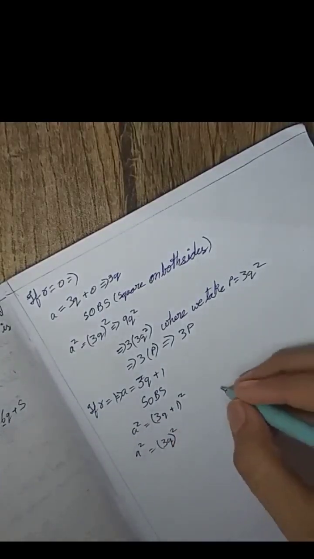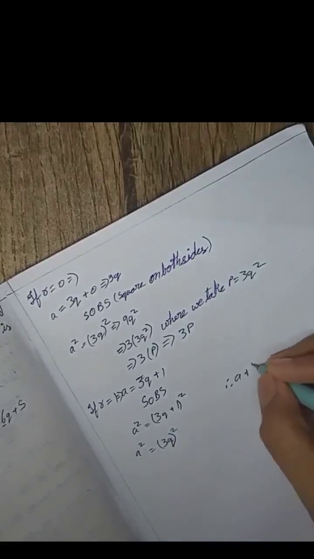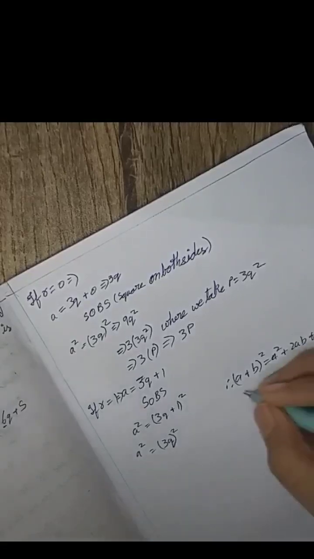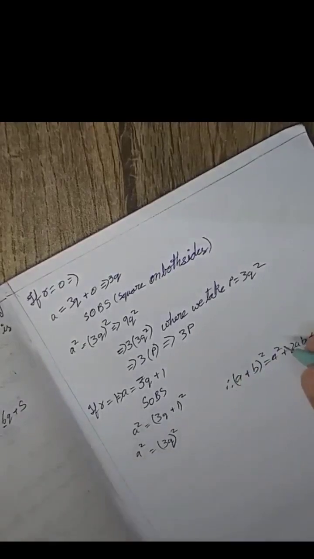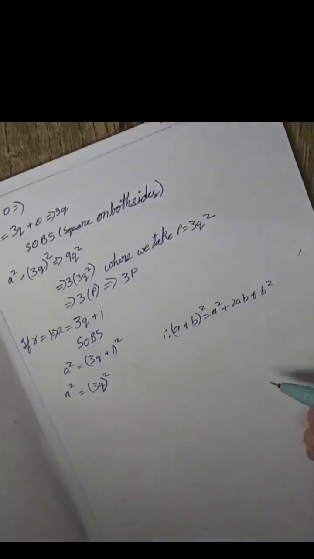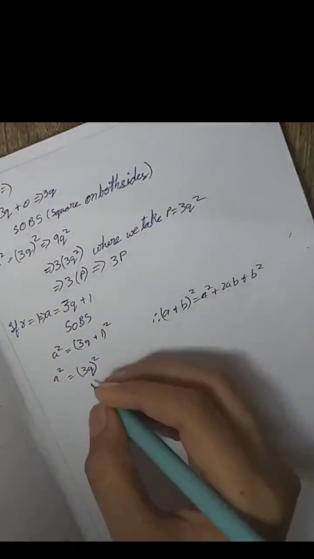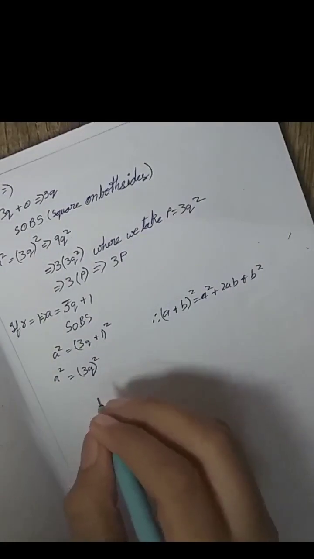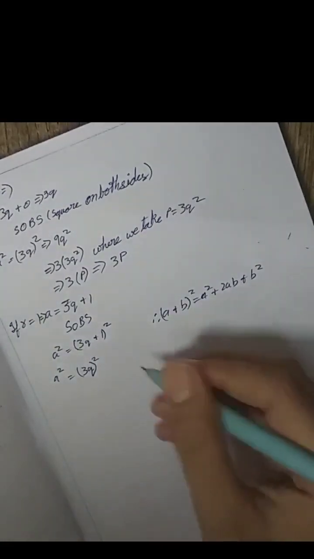Now we need to follow the formula: a plus b whole square is equal to a square plus 2ab plus b square. These are called algebraic identities. I kept more algebraic identities in the description. You can refer to them. We need to learn all the algebraic identities to practice this lesson.